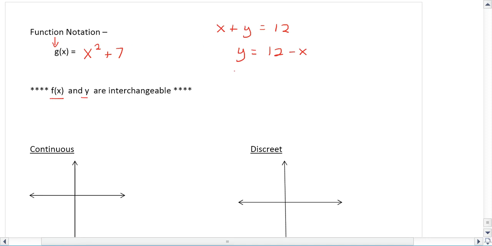So we could give it a name and call it f, and saying f is telling you to take all x's and subtract them from 12. So this helps us move in between function notation and the y equals key on our calculator. So just to sum up, f of x, or any letter here, g of x, h of x, anything written in function notation is the same thing as saying y equals.